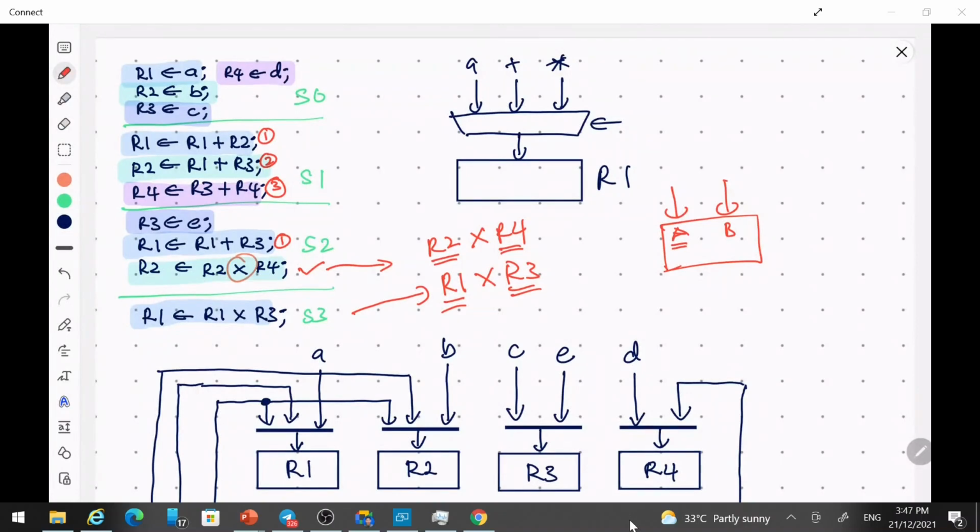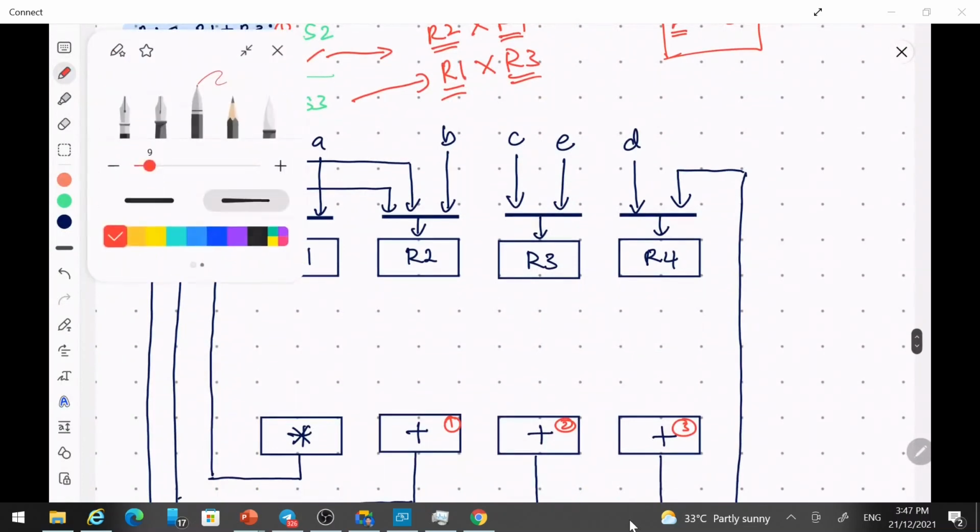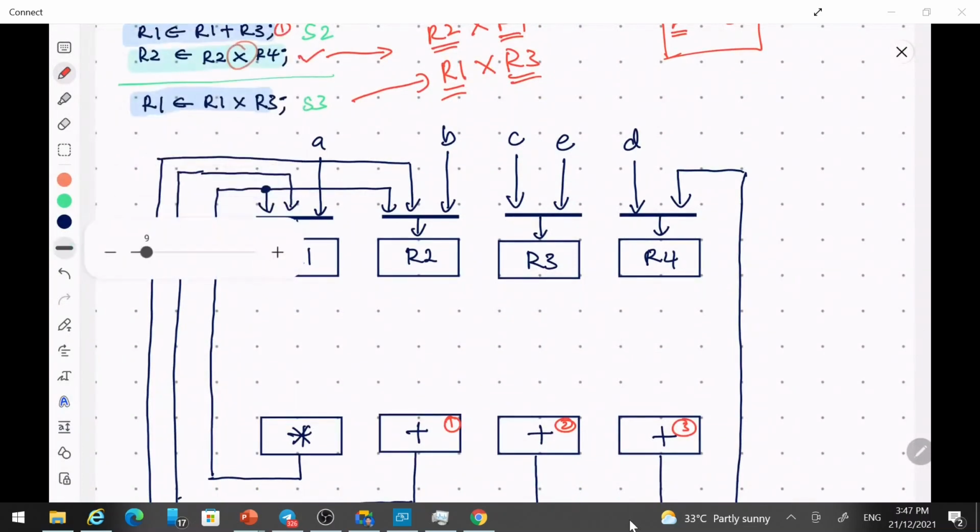So we need a multiplexer as well, in order to handle that. So again, let's have a multiplexer to do that. We have two multiplexers here, 2-to-1 multiplexers. One is here, another one is here.